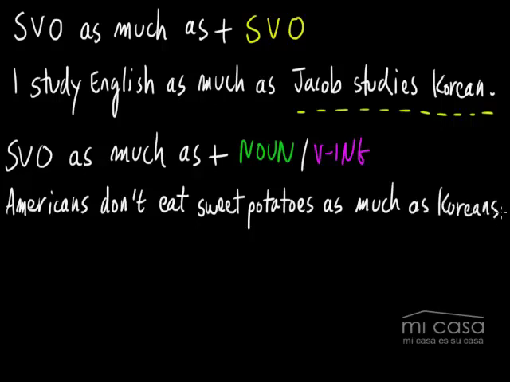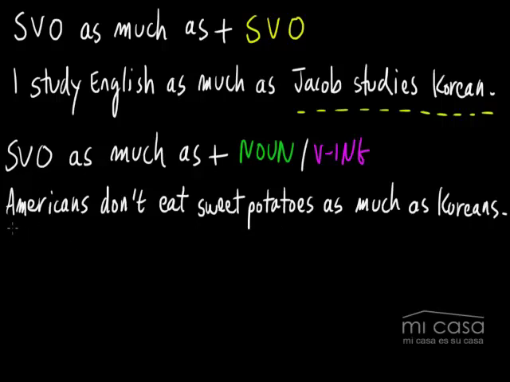I think this is very true. What are sweet potatoes? Goguma, okay? And I think Koreans really like sweet potatoes. Ever since I've been in Korea, I've realized that Koreans really like to eat sweet potatoes as a snack. You put it on your pizza, you put it in cakes. It's pretty crazy, actually. And Americans don't really eat sweet potatoes like this. They don't eat sweet potatoes as much as Koreans, or in as many ways as Koreans.